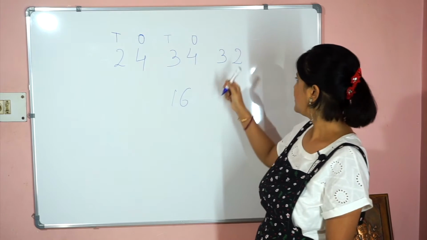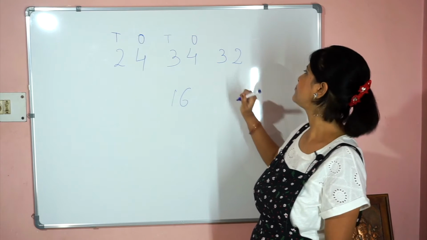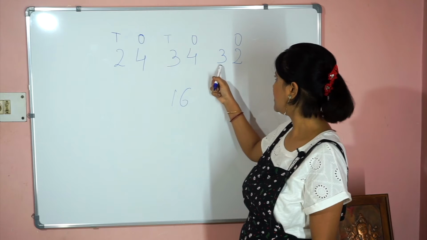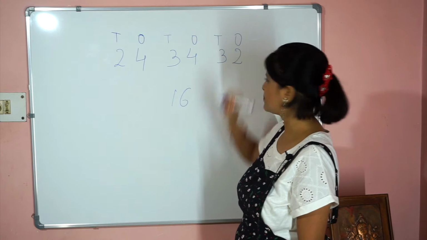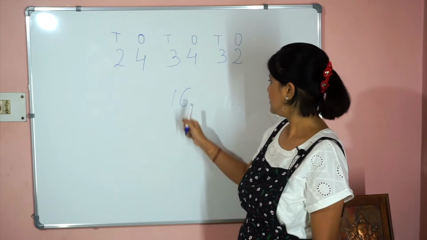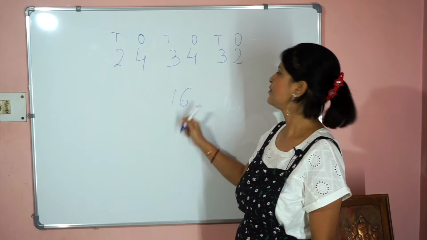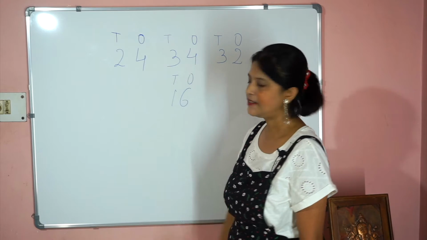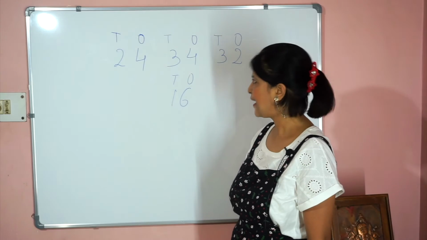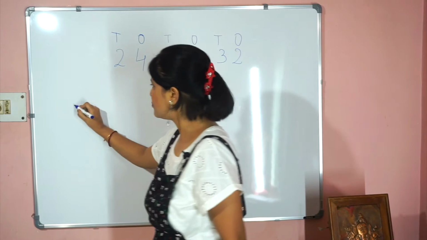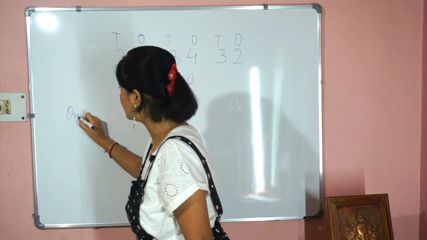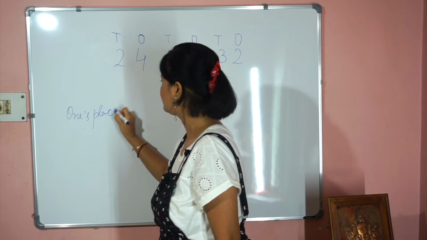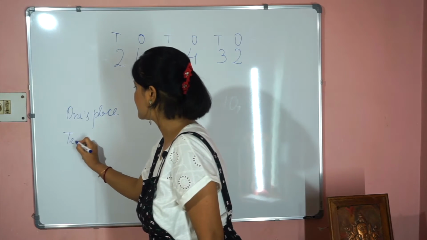Similarly, for the number 32, 2 is in ones place, 3 is in tens place. For the number 16, 6 is in ones place and 1 is in tens place. So the 2 positions here for a 2 digit number are ones place and tens place.